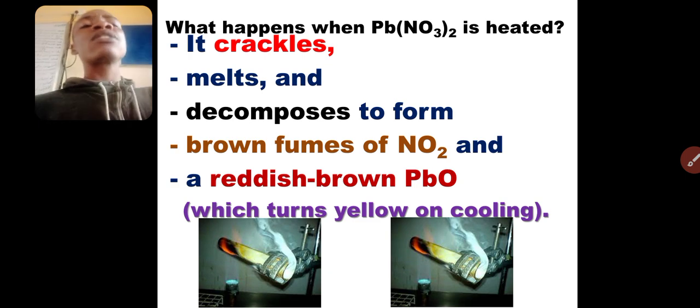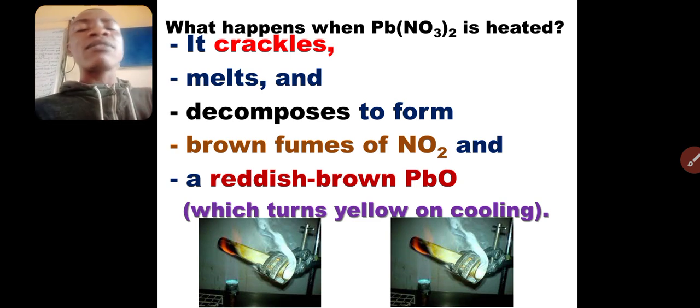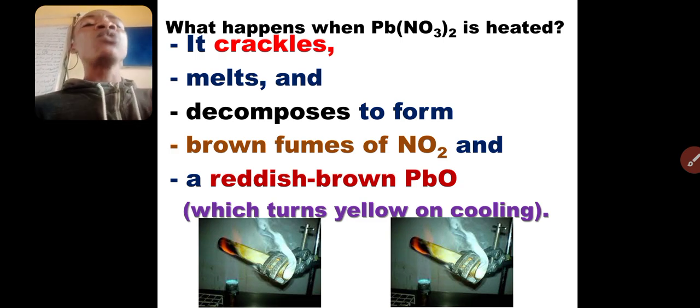So what happens when lead 2 nitrate is heated strongly? This question has always appeared in WAEC examination questions. It has always appeared many times. What will be your answer when this question is presented to you in an exam? When you heat nitrate salts, all of them generally, the first thing they do is crackle.